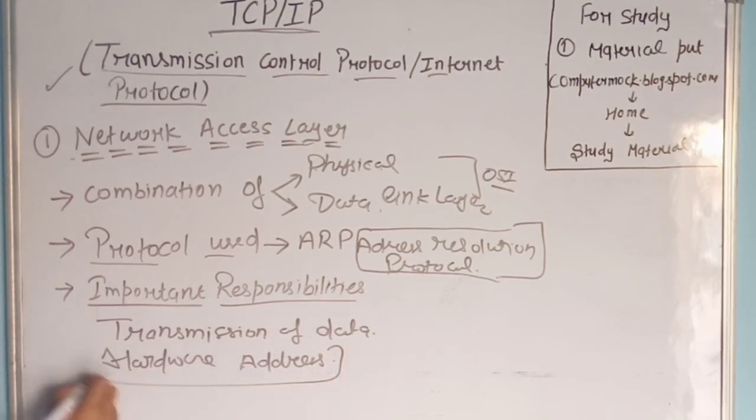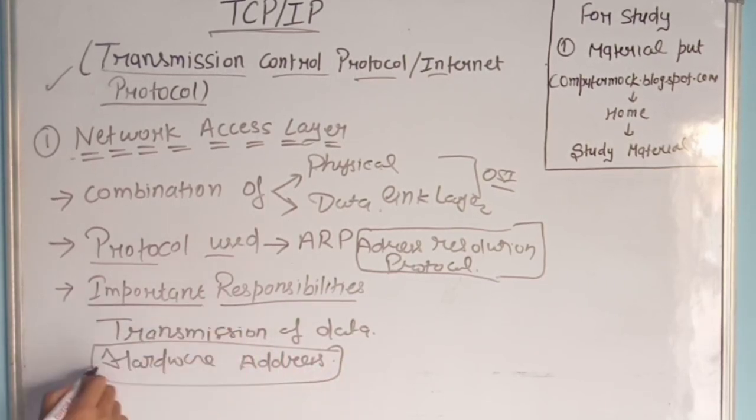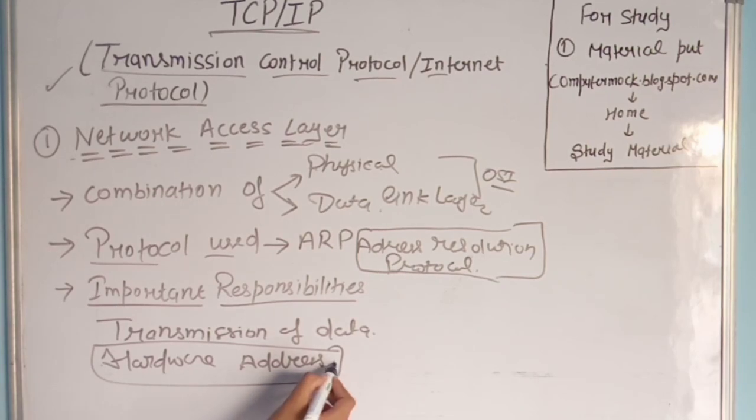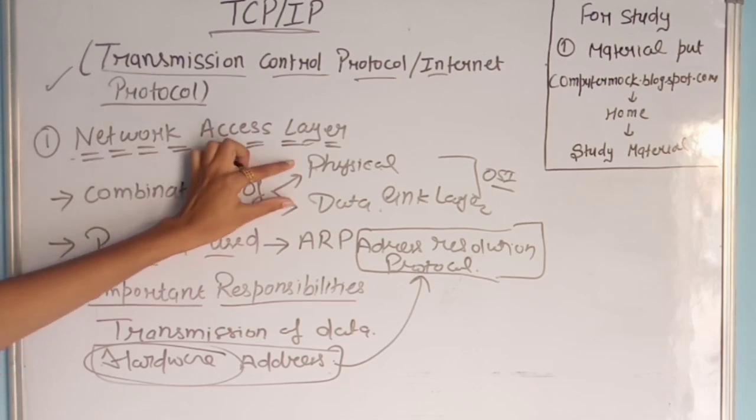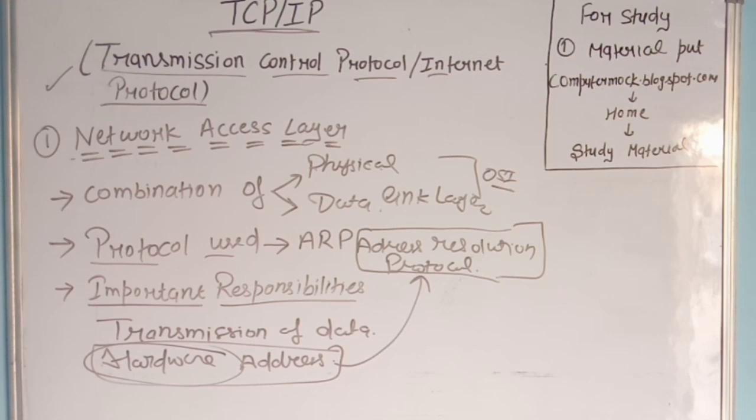It means it will find the hardware address, and for finding the hardware address it uses ARP, the address resolution protocol. So this is all about the first layer of TCP/IP, the network access layer, which does the work of two layers, the physical layer and the data link layer.